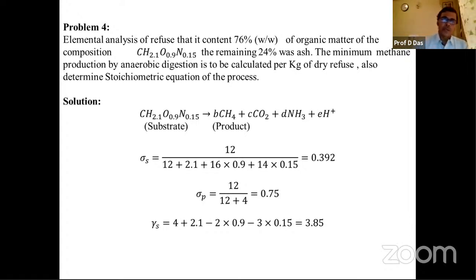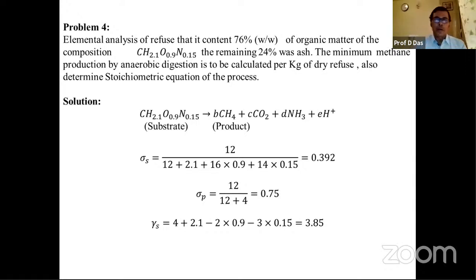So we can write the equation like this, as shown here, to generalize the equation for the anaerobic digestion process: C(a)H(b)O(c)N(d) gives B moles of methane, C moles of carbon dioxide, D moles of ammonia, and moles of hydrogen ion.